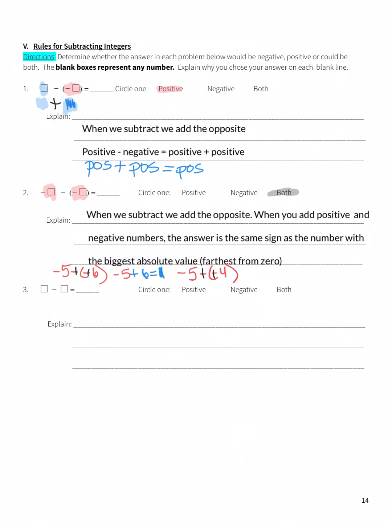So now we have the problem -5 plus 4. Well, that answer is equal to -1. And why is it -1? Because the negative number has the biggest absolute value, or it's the farthest from zero. Right? Kind of a mouthful.